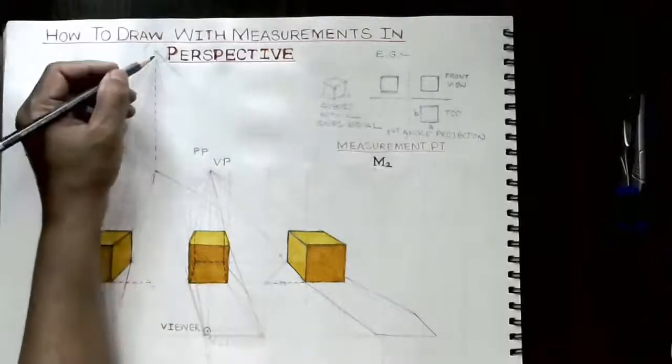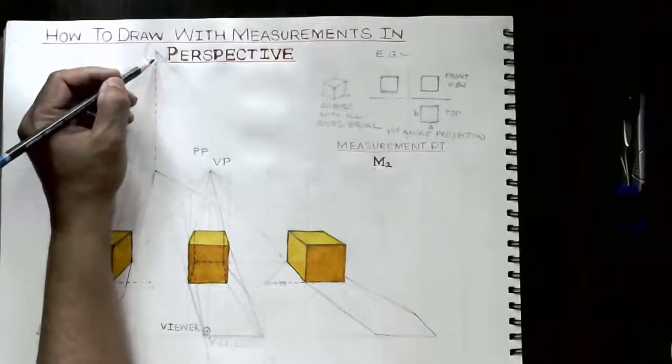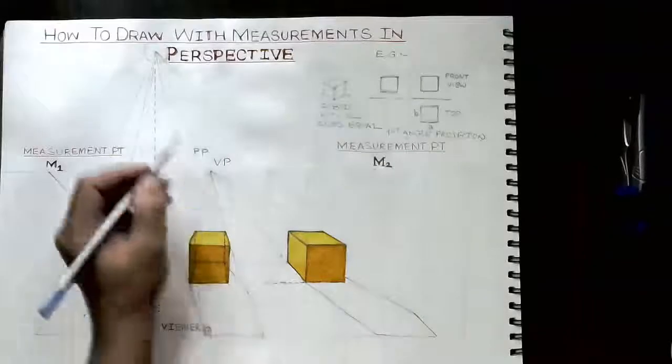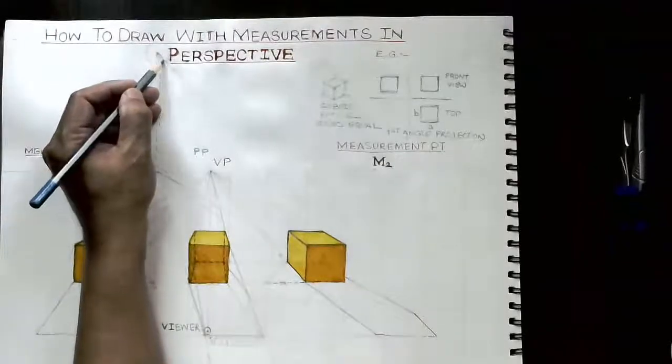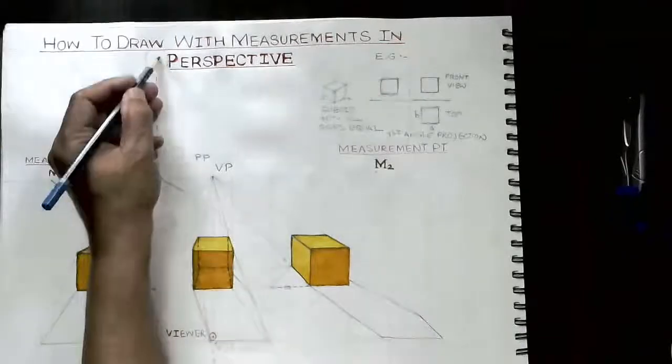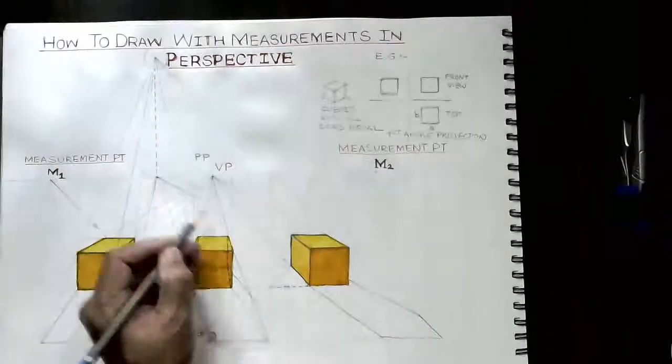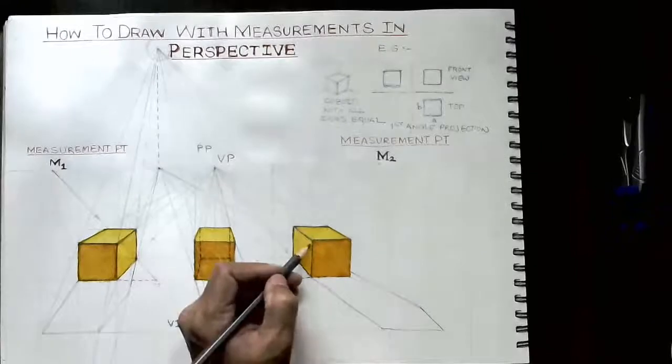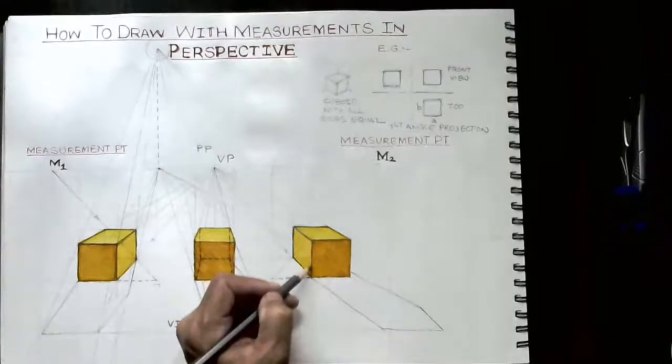So suppose this is a light source here. So we take this line, that is, top to top and bottom to bottom. Suppose I am taking this particular height.